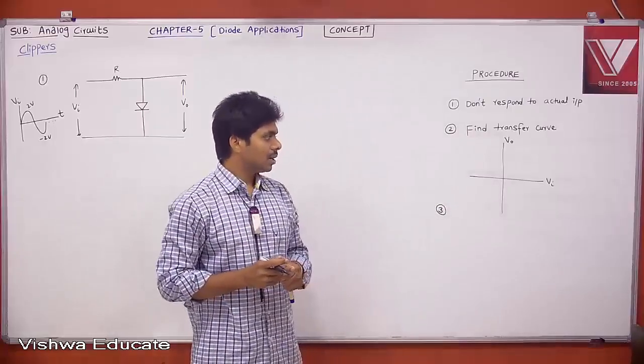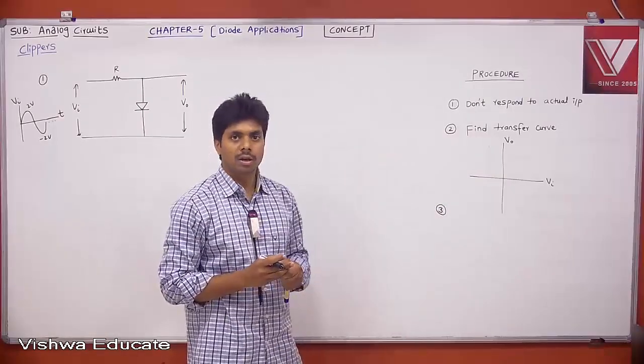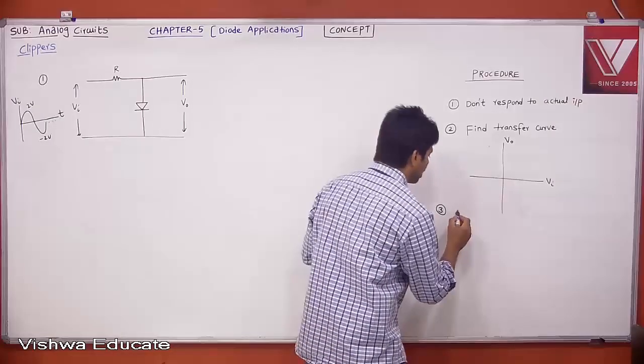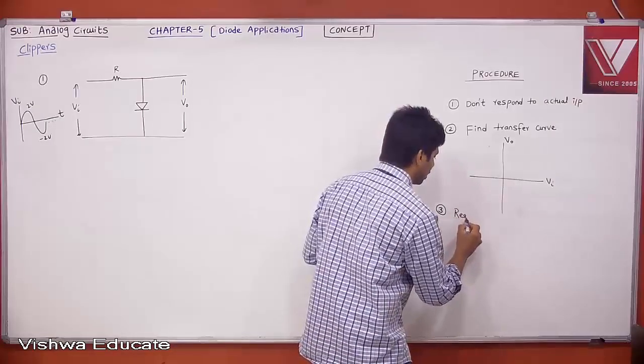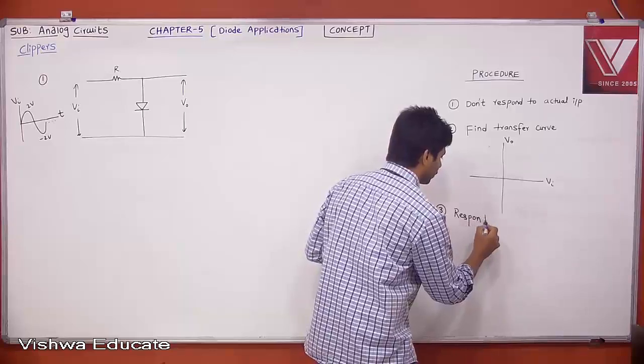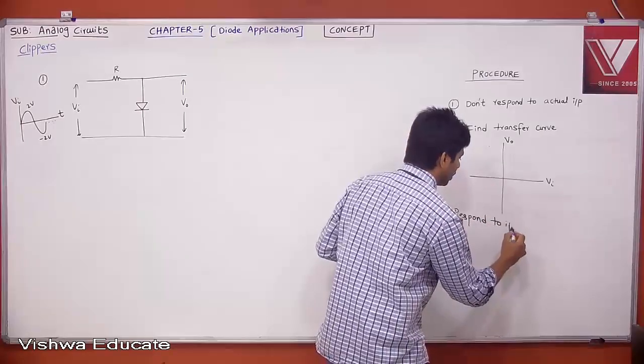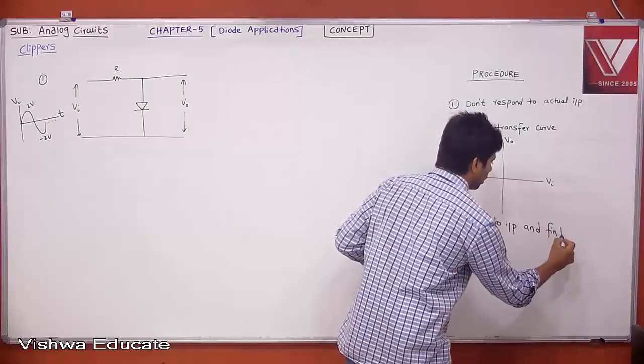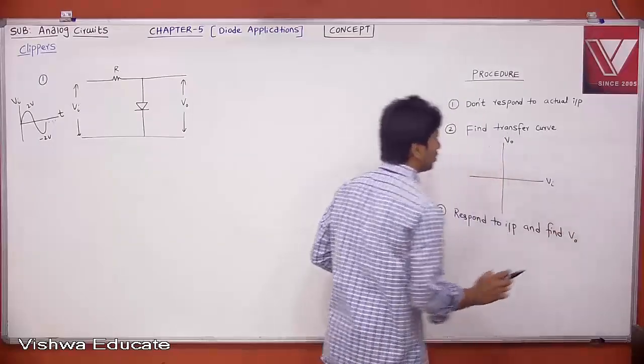Once you know the relationship between Vi and V0, then respond to the input and find V0. This is the procedure.